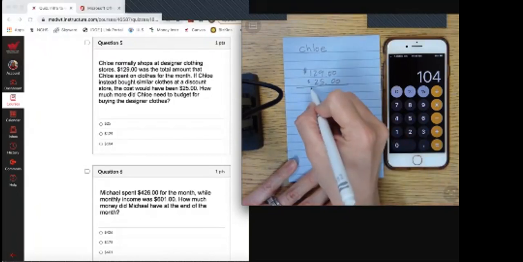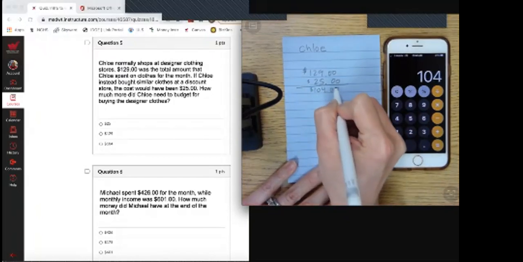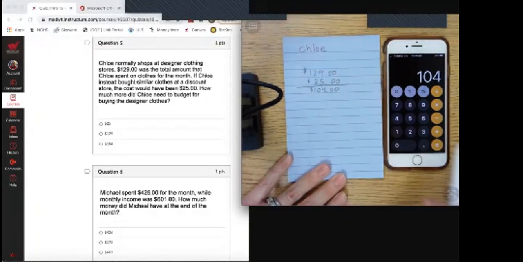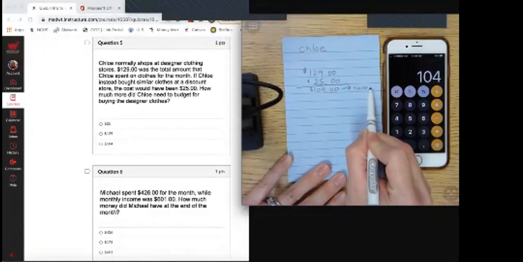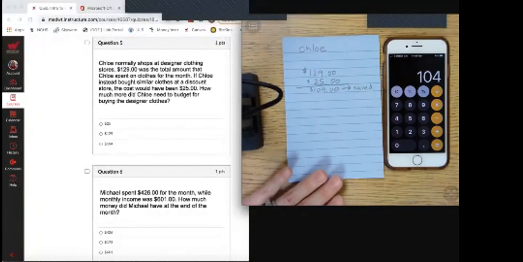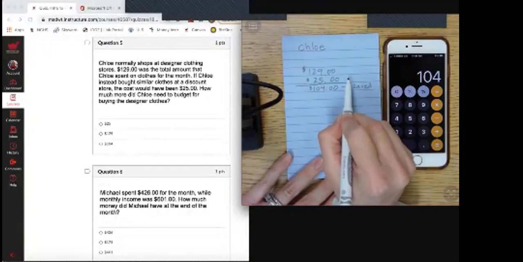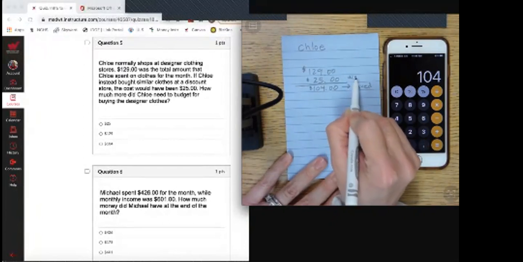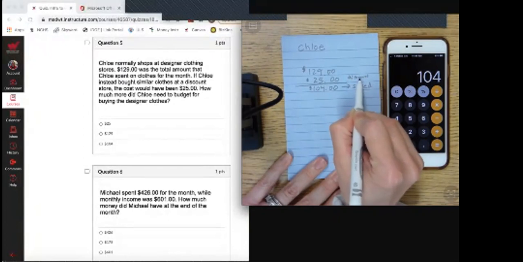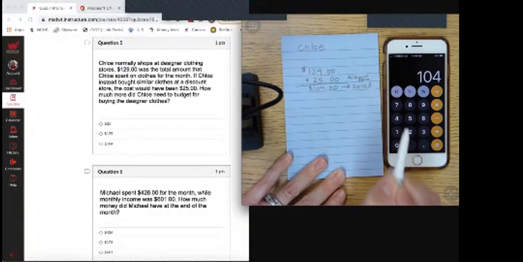She could have saved $104. She could have bought 4 more outfits or something. She could have saved $104 by going the discount store route.